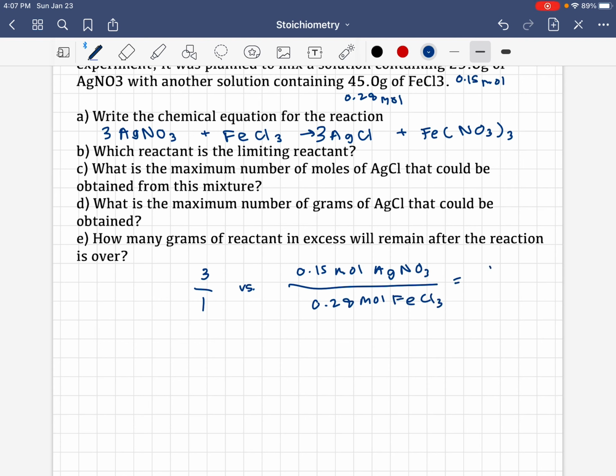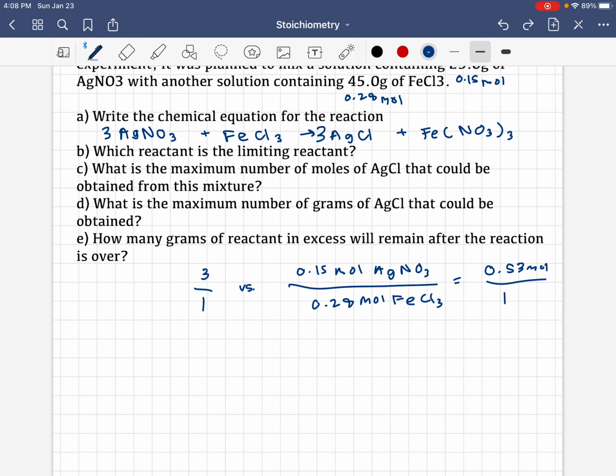And so you get 0.53 moles. So what this means is 1 mole of FeCl3 requires 0.53 moles of AgNO3 to satisfy this reaction.